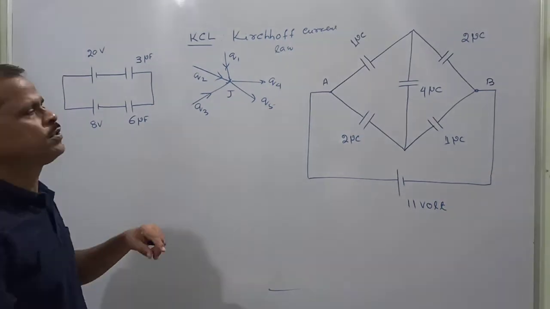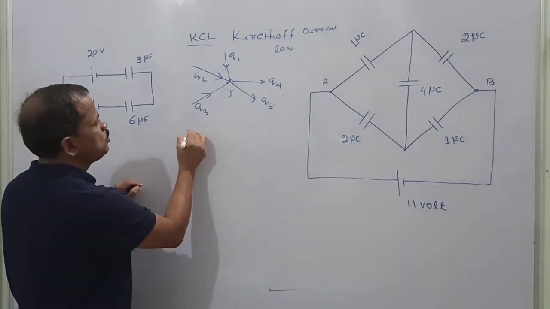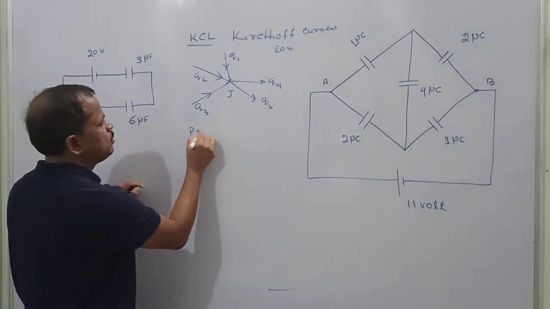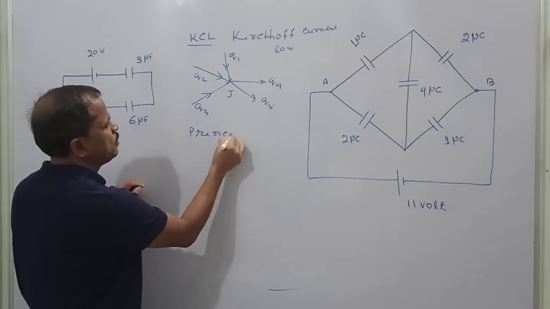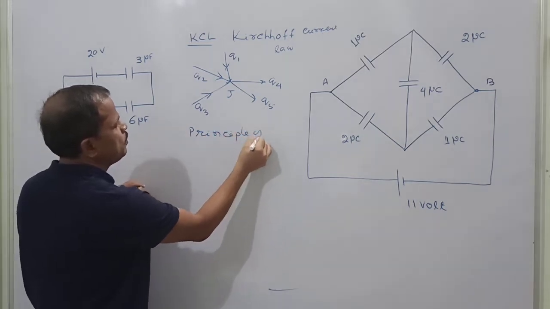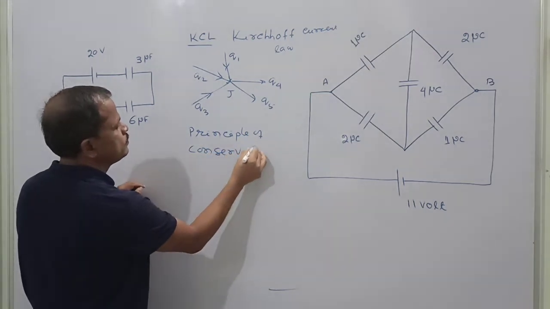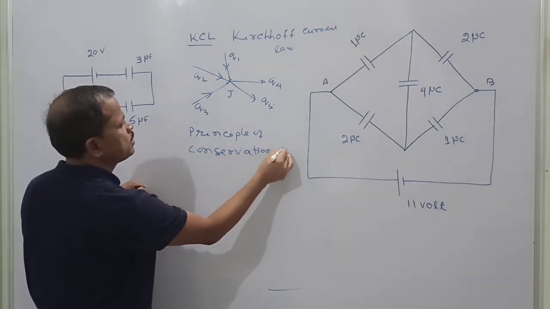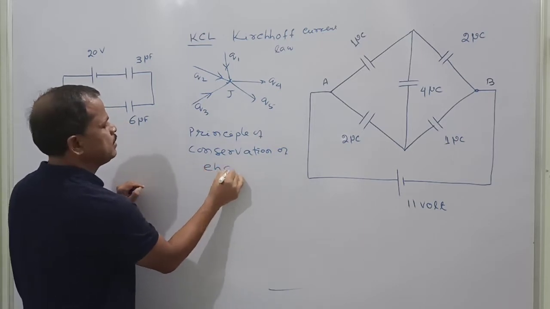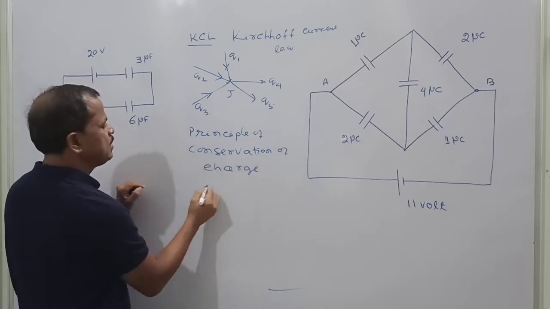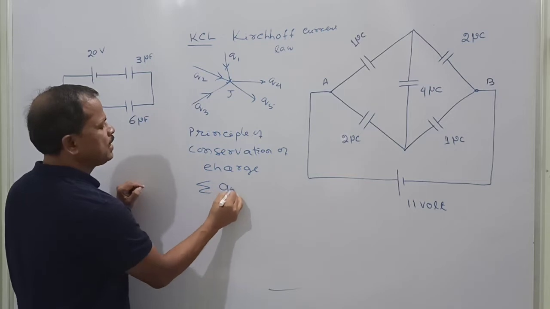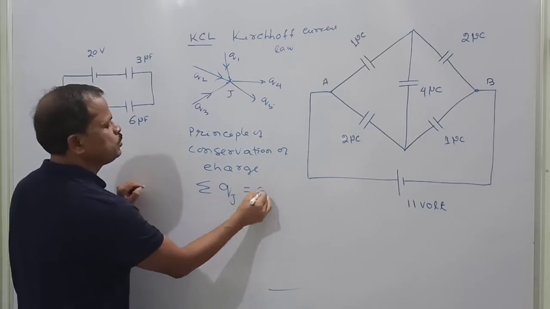According to Kirchhoff's law, based on the principle of conservation of charge, the summation of current at a junction is equal to 0.